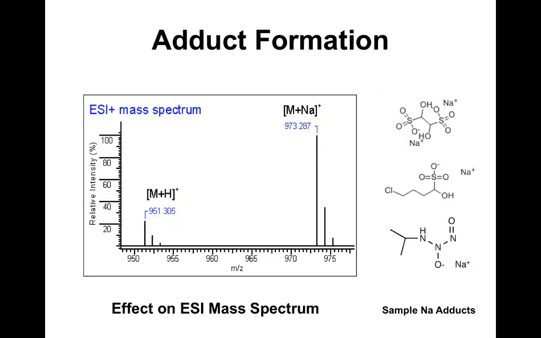So what is an adduct? This is an example of a spectrum of a compound, or several compounds, where we're seeing sodium being attached. This particular lipid, I think, has a parent ion molecular weight of 951 Daltons.